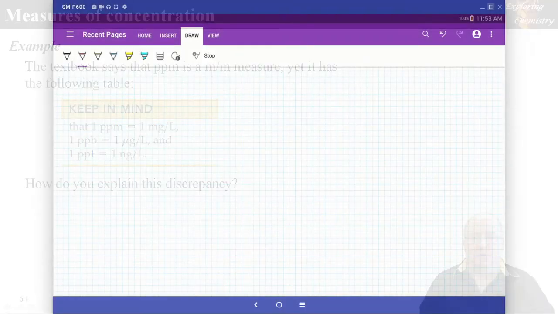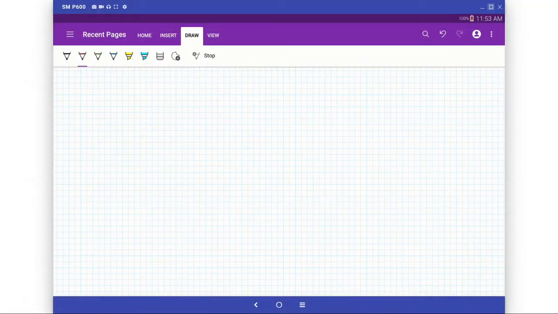And so you need to look at a better way of presenting this information. For example, let's consider 5 parts per million of mercury in soil. As an analytical chemist, this would be something that you could be measuring. You're sent a soil sample, and you want to report the amount of contaminants.